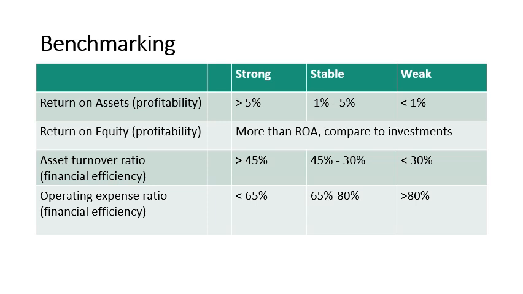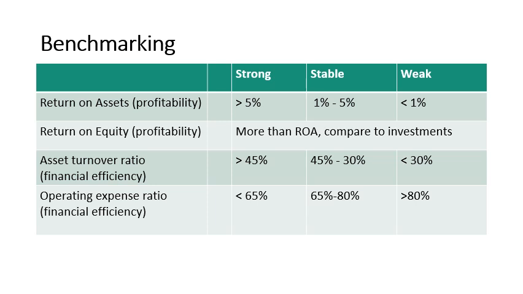A stable one would have between 1 and 5, and a weak business would have less than 1% return on your assets. A return on equity should be more than that, and you'd compare it to investment. So if you can earn 8% investing in a mutual fund, then how does your farm's profitability compare to that?